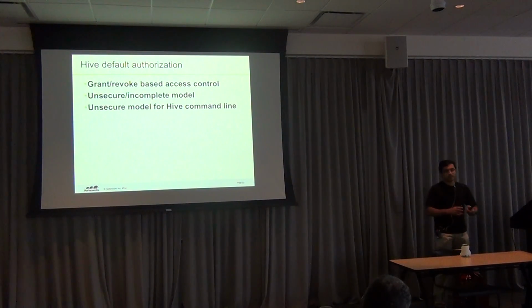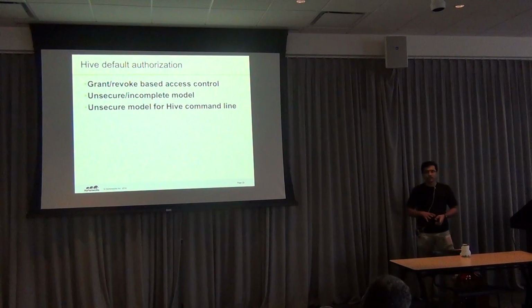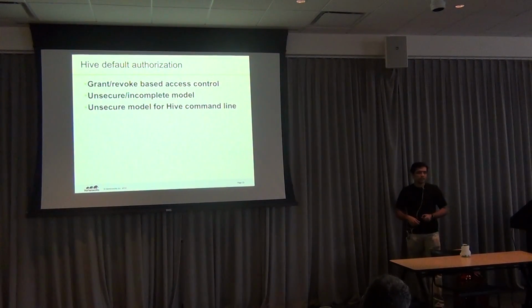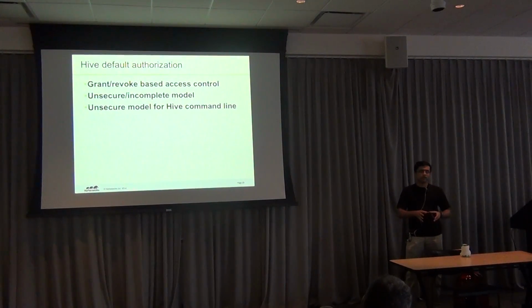But this authorization mode is incomplete and hence unsecure. For example, anybody can run a grant statement. There's no restriction on who can run a grant statement and so on. It also supports grant and revoke at the Hive CLI level, but this fine-grained model on the Hive CLI is, as I discussed, an unsecure model.